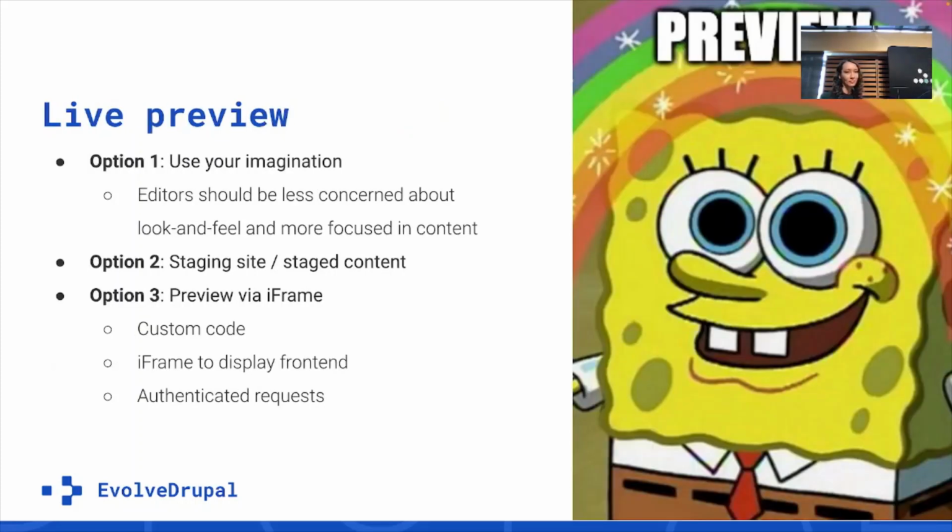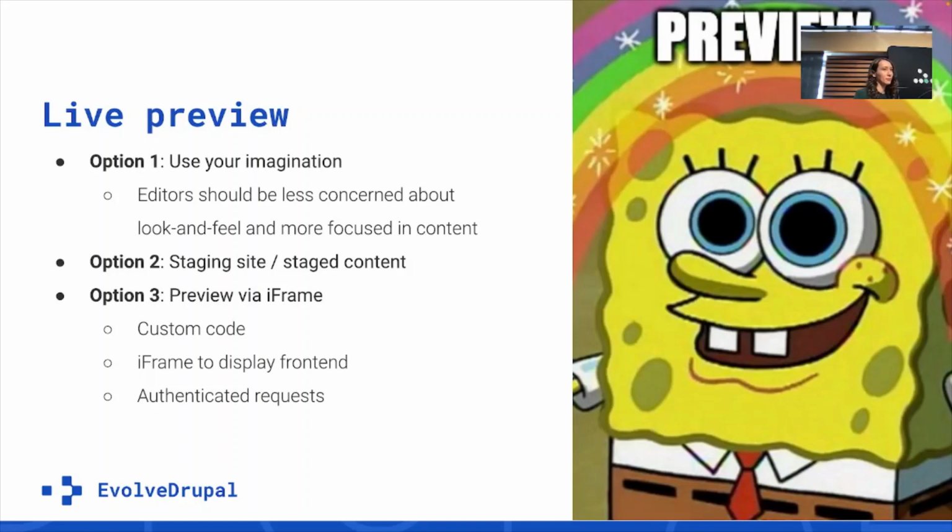Preview was one of the hardest challenges to solve in the past two or three years, but it's come a long way. The first option I would recommend is the easiest option: ask the clients to use their imagination. Maybe it's not really what they see that they should get, but what they need is actually what they should get, and trust that the structure of their content would give them the thing that they actually want.